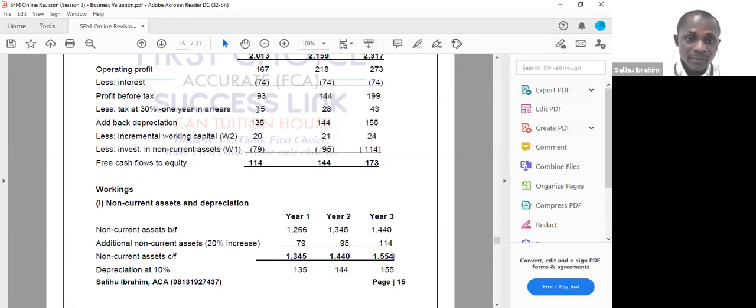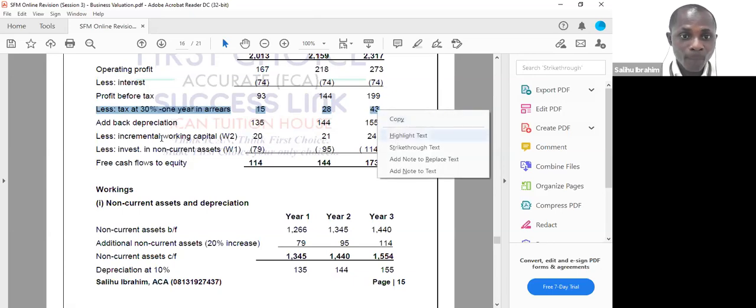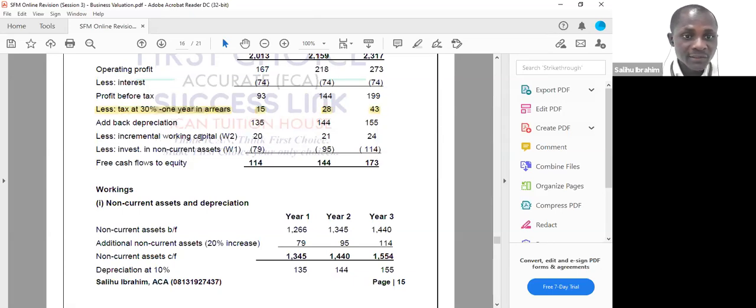Let me confirm what you just said. 93 minus 15 plus 135, minus 20, minus 79. Mrs. Modupe, look at this tax. Let me highlight it so that you see what I'm talking about. This is tax, so it's an outflow.